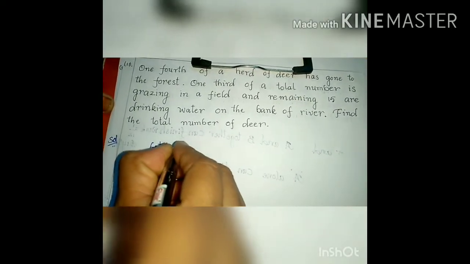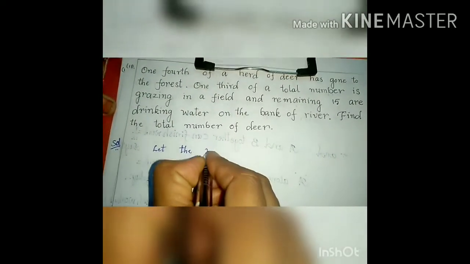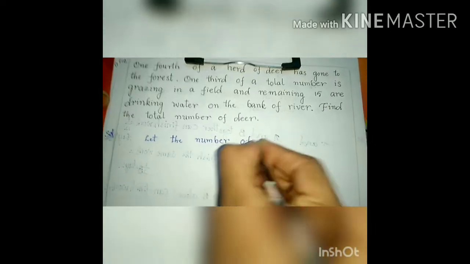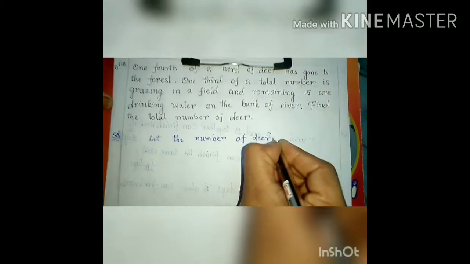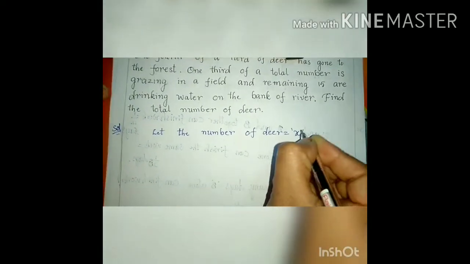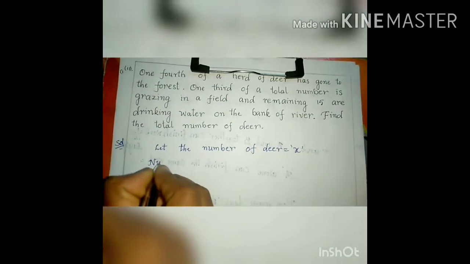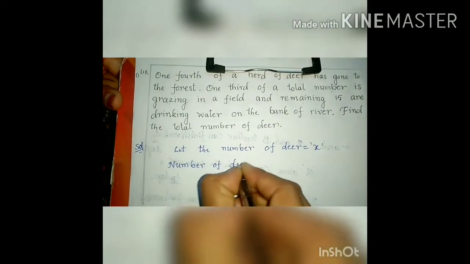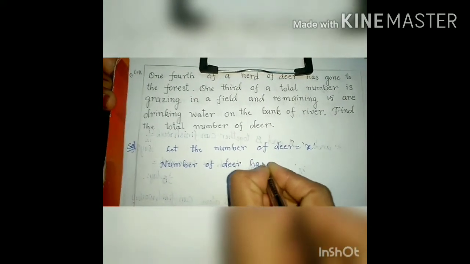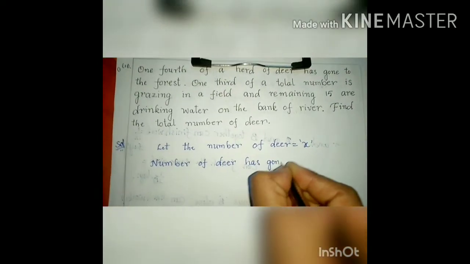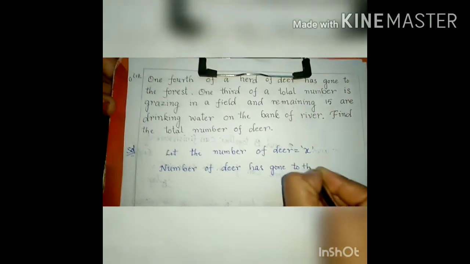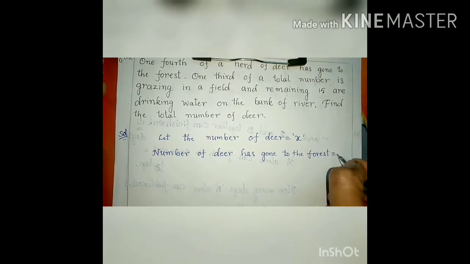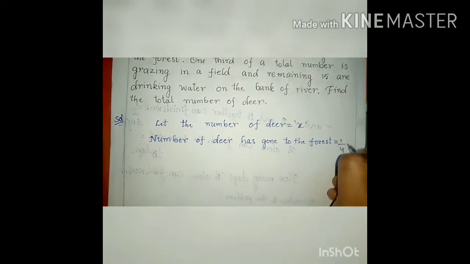Let the number of deer equal x. Let the number of deer equal x. The number of deer that have gone to the forest: how many deer have gone to the forest? 1 by 4 into x.